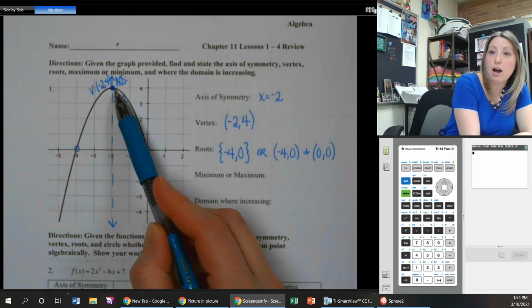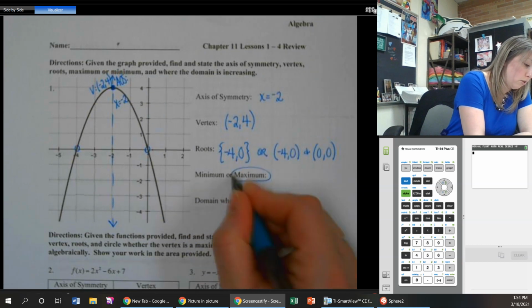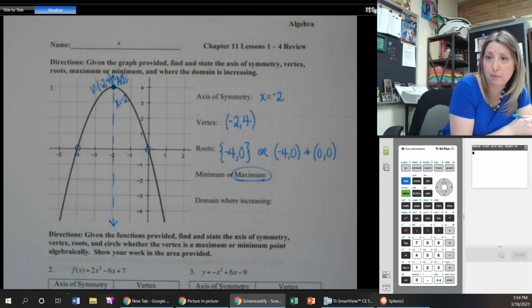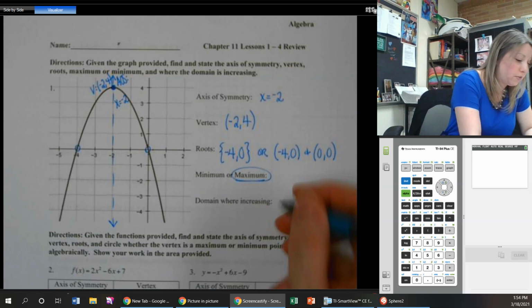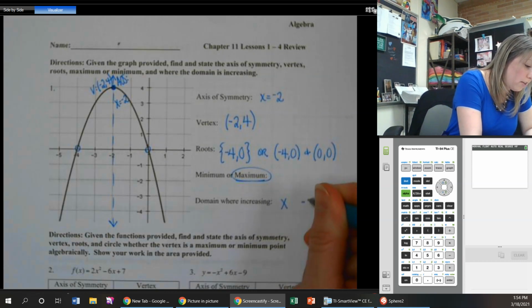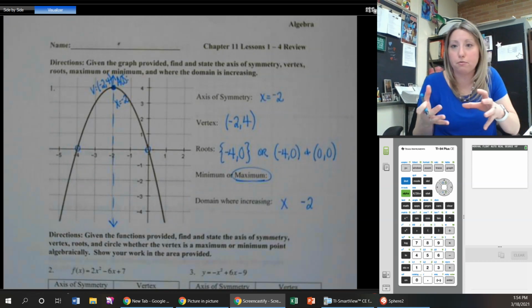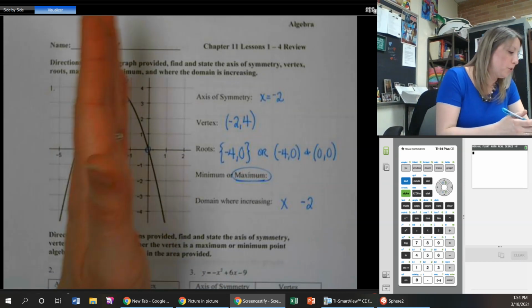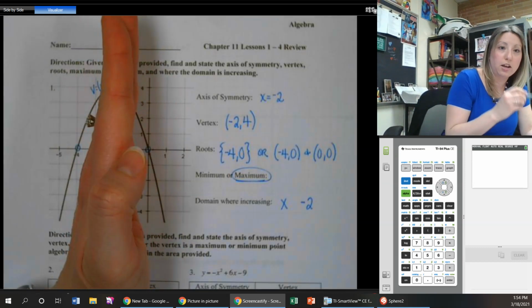This vertex is a top, so it's a maximum, and you can just circle that. The domain where this is increasing means where the y values are increasing. This always has to do with the axis of symmetry. The x value of the axis of symmetry is what this is based off of. So look at the axis of symmetry and look for the place where the y values are getting bigger.